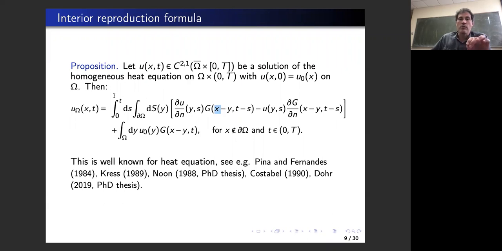So what this term is computing is what will be the contribution from all these sources firing in the past of time T, of the present time T. And these sources are weighted somehow by either the normal derivative of the field that you want to reproduce or the value of the field you want to reproduce at that time S.